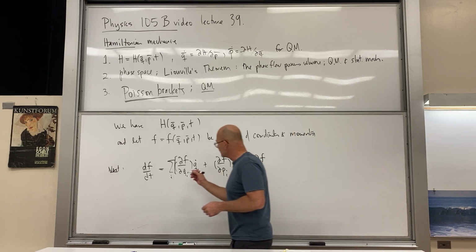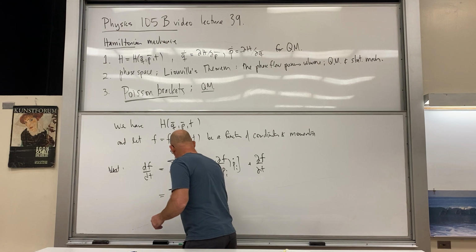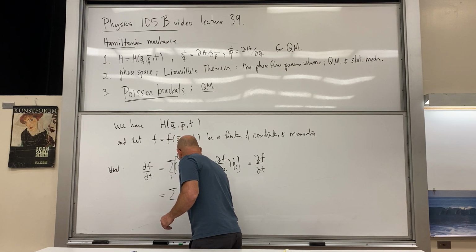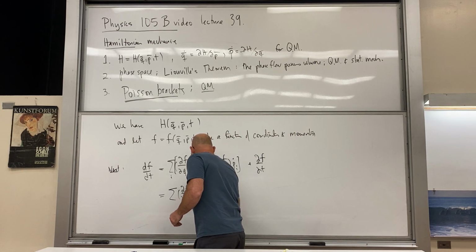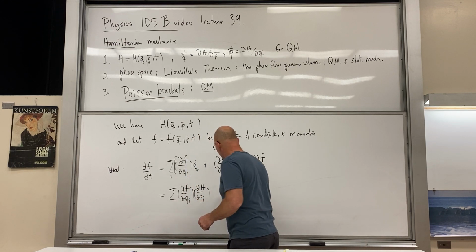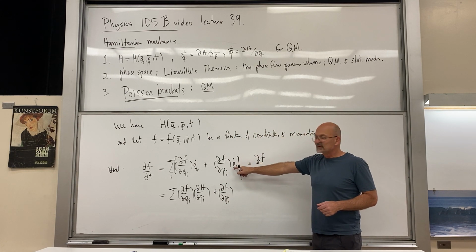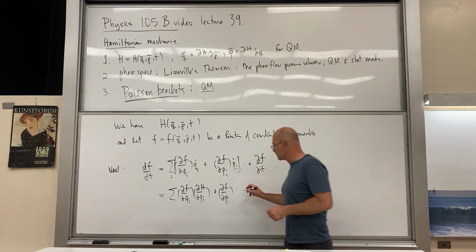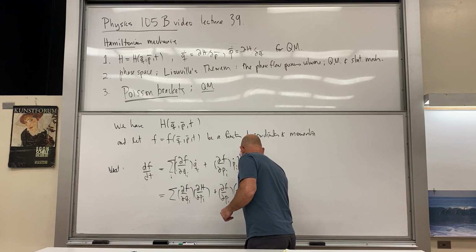Well, we have Hamilton's equations, so this can be written partial F partial q sub i. Remember, q_i dot is partial H partial p sub i, and then we have plus partial F partial p sub i. p_i dot is minus partial H partial q sub i, so negative partial H partial q sub i.